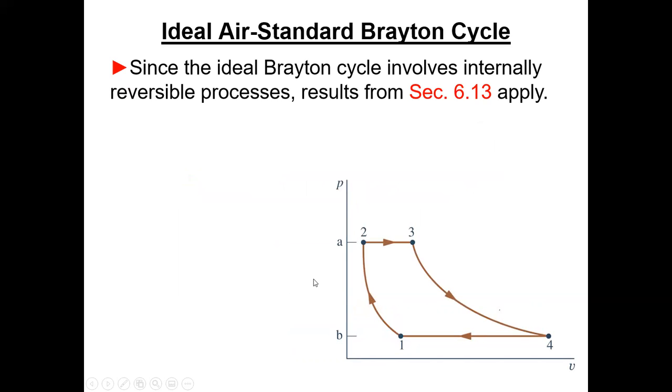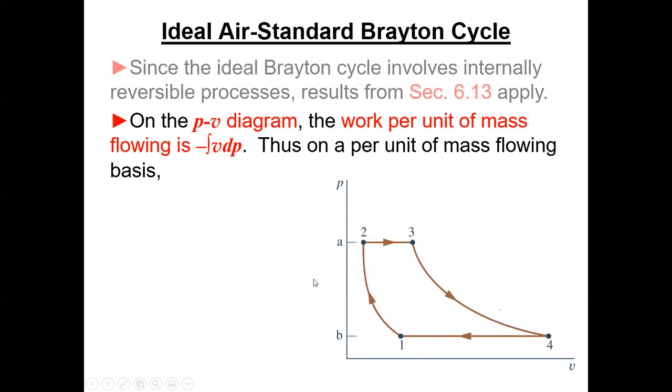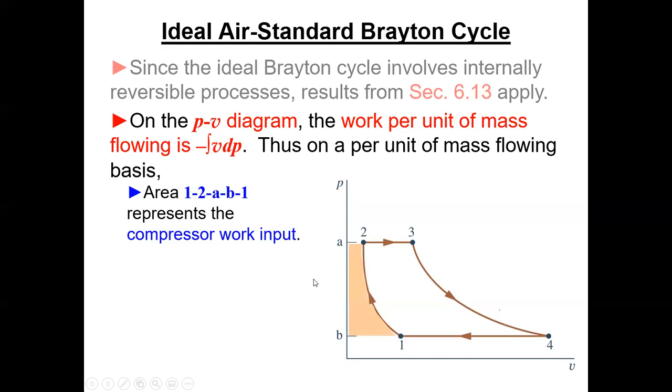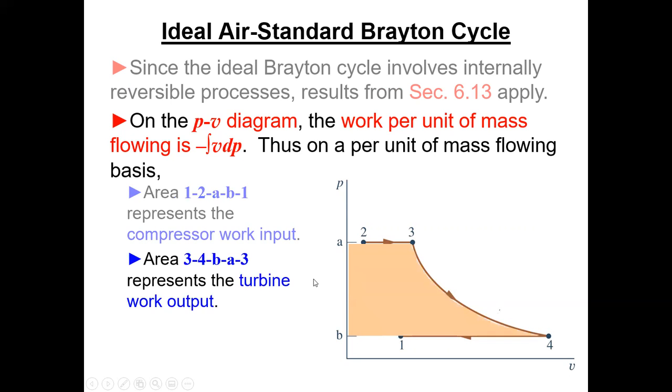So let's see, since this ideal Brayton cycle uses just internally reversible processes, we can use this area behind the curve relationship in our analysis. And we see that the compressor work input is that shaded region, which is the negative integral of v dP from 1 to 2. And guess what?